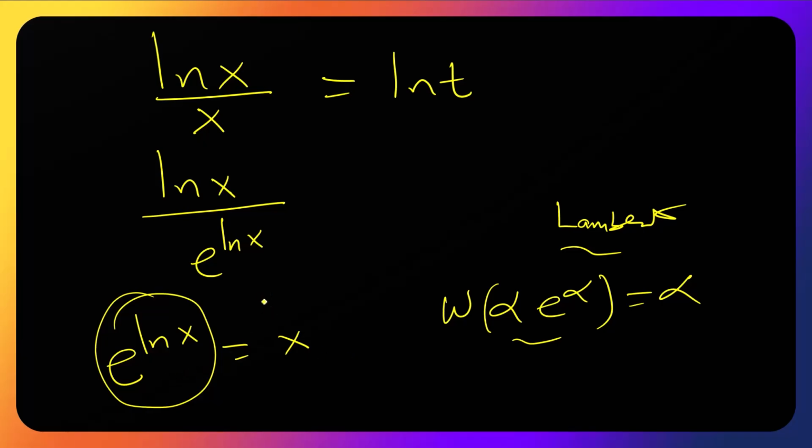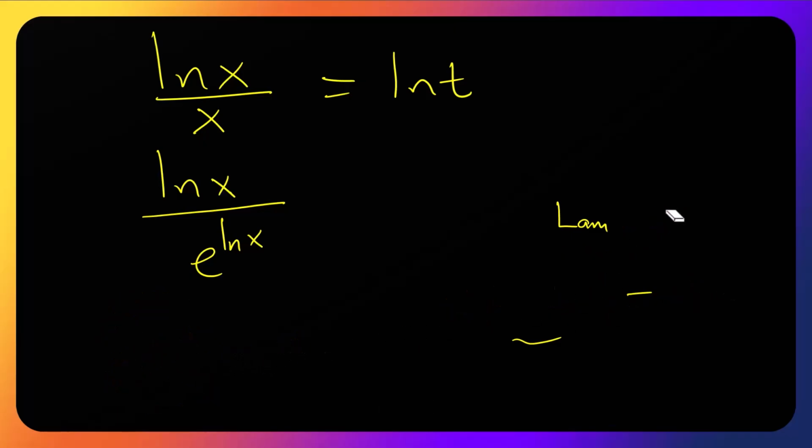Remember this rule. Going back, the result will be this. So I've done nothing. Okay. So we have ln of t.